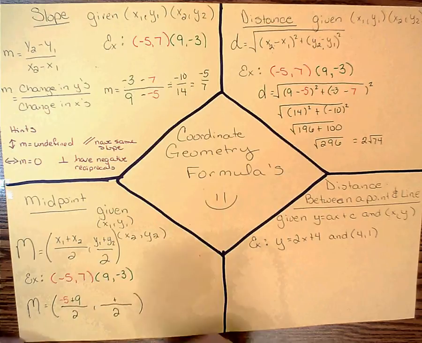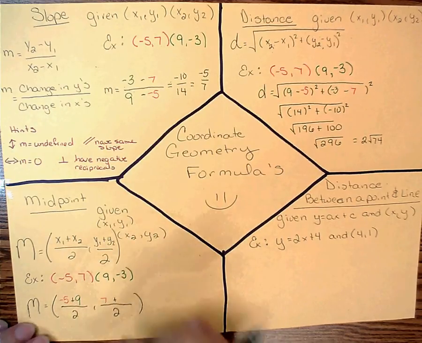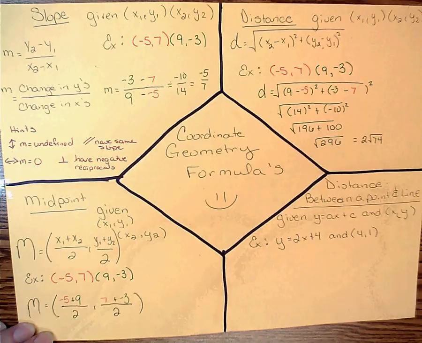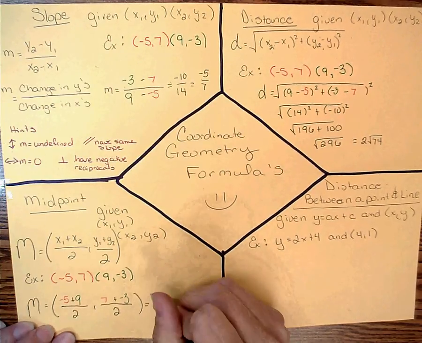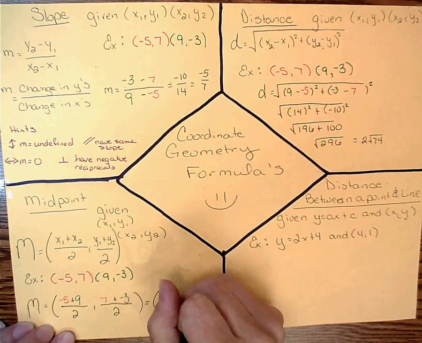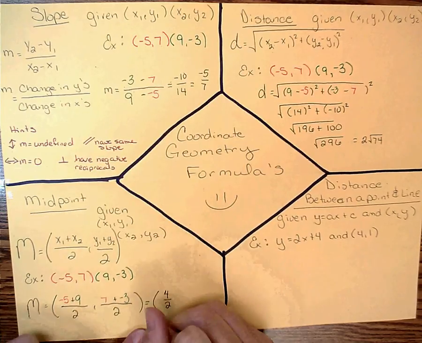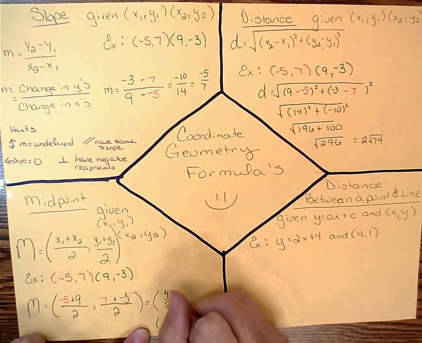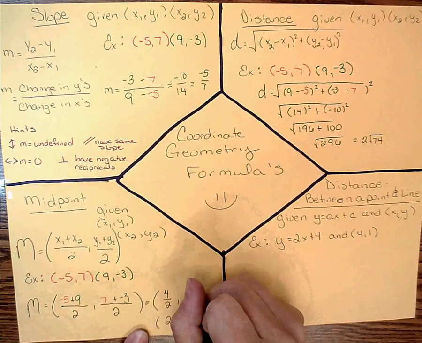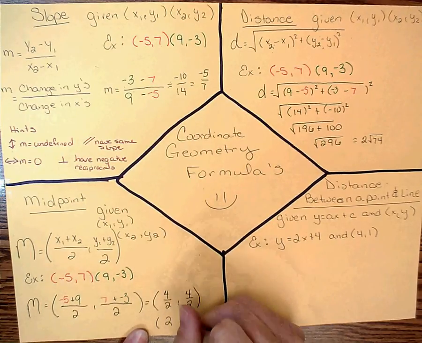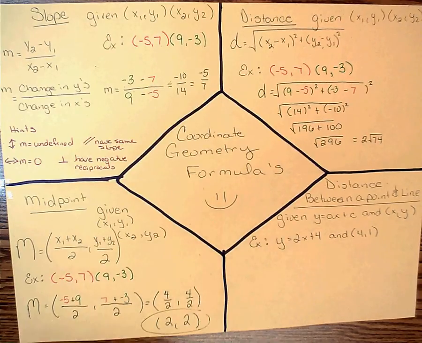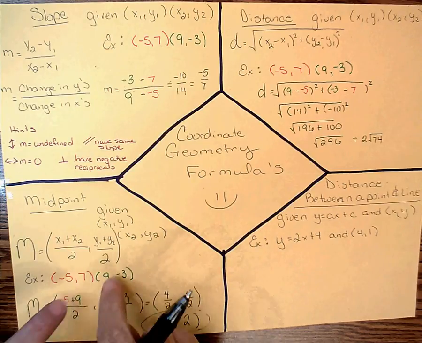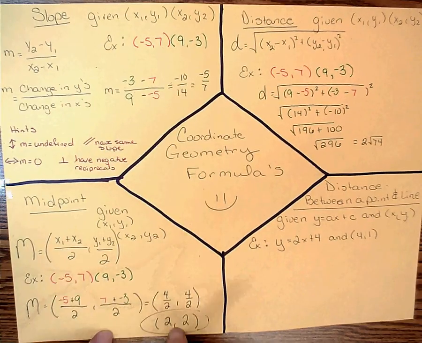My y values are 7 and negative 3. When you add your x values, you get 4 over 2, which reduces to 2. And here you're going to get 4 over 2, which again reduces to 2. So my midpoint is 2, 2. That means the dot in between these two dots, the red one and the green one, would be 2, 2.